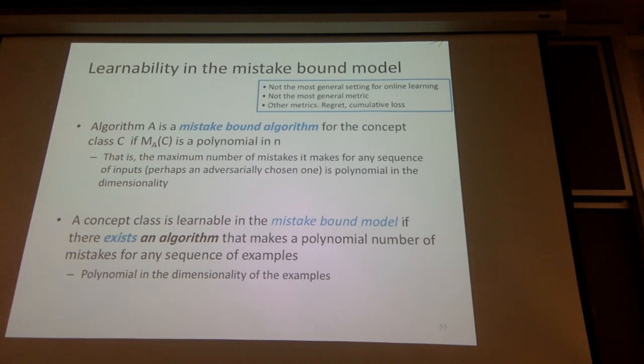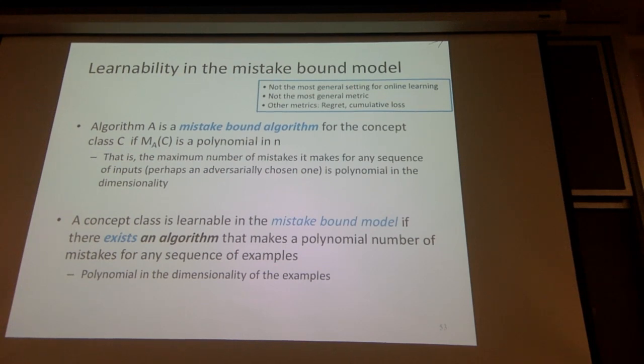A concept class is said to be learnable under this model if you can show me one algorithm that can learn it under this model with a polynomial number of mistakes. If there exists a mistake-bound algorithm for a concept class, then the entire concept class is said to be learnable. So now we can ask questions like, are monotone conjunctions learnable under the mistake-bound model?